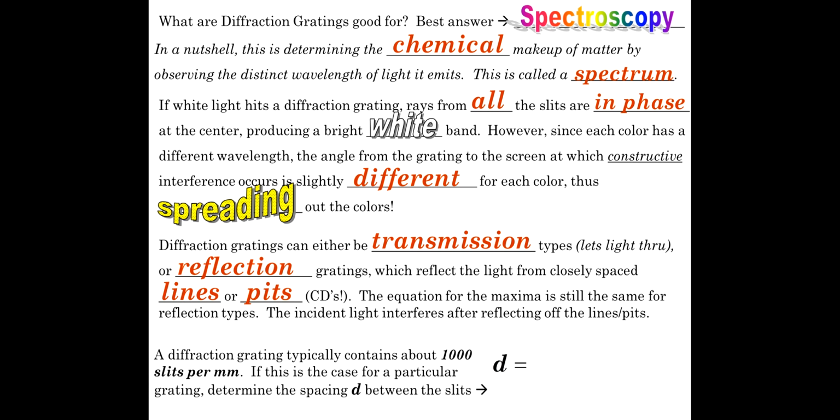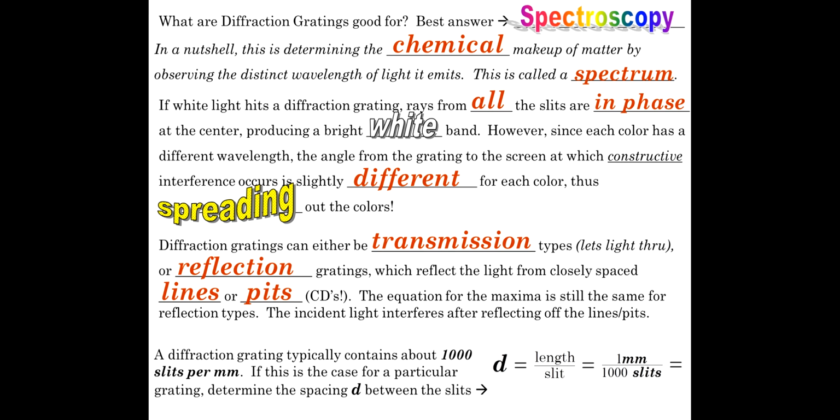Now, just to give you an idea about a typical diffraction grating, there are about 1,000 slits per millimeter. So a millimeter is a really tiny, thin line, and you're going to put 1,000 slits in there. That's the actual dimensionality of these diffraction gratings. So if you want to determine the spacing between the slits, the small d, it'd be the length of the region you're talking about divided by the number of slits.